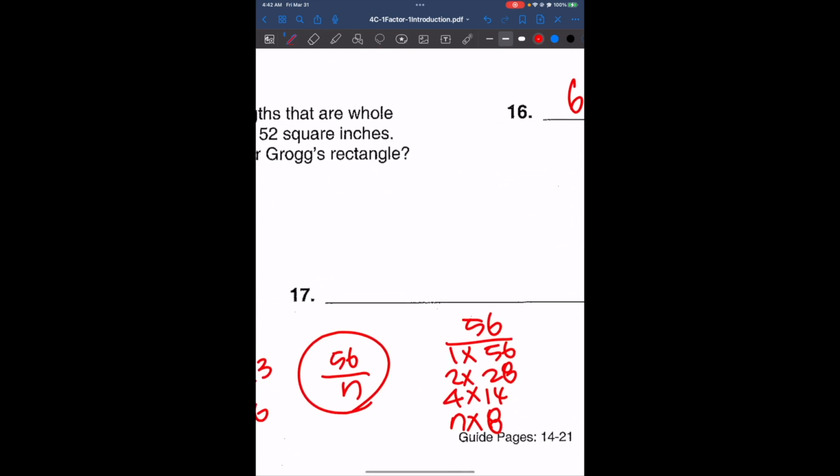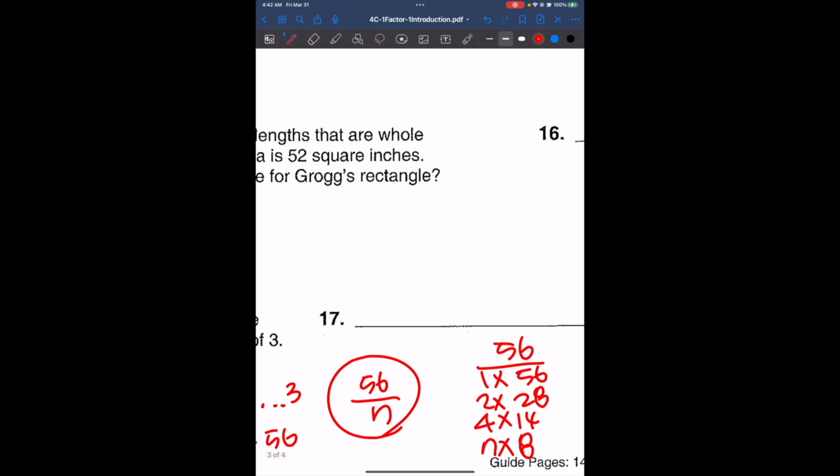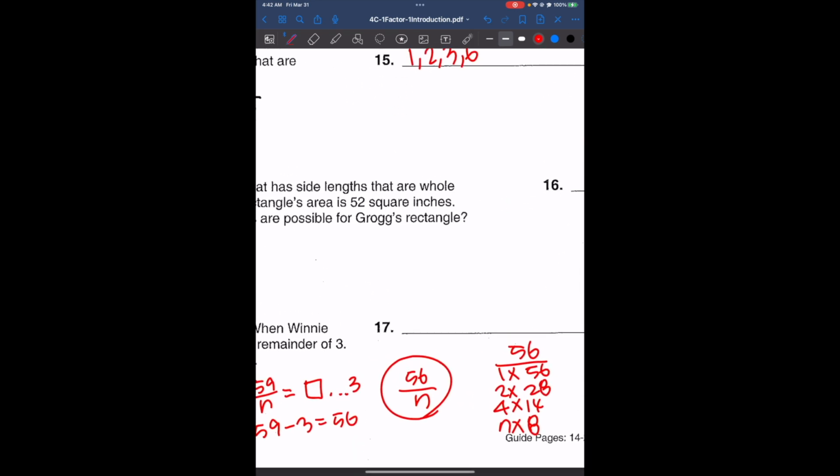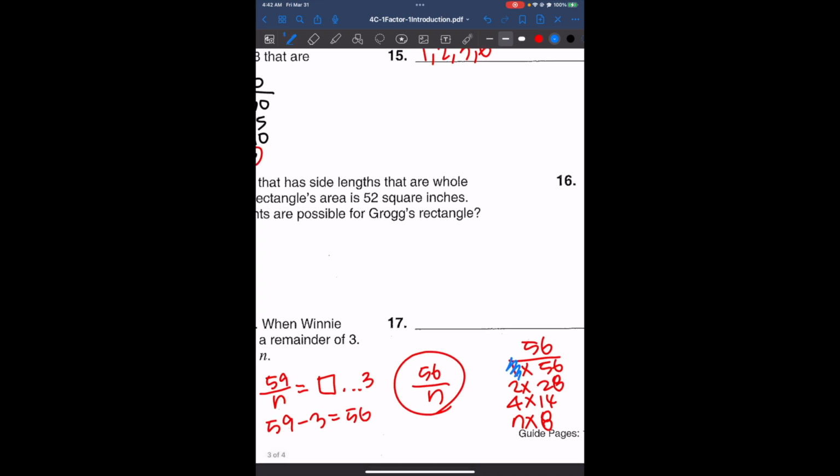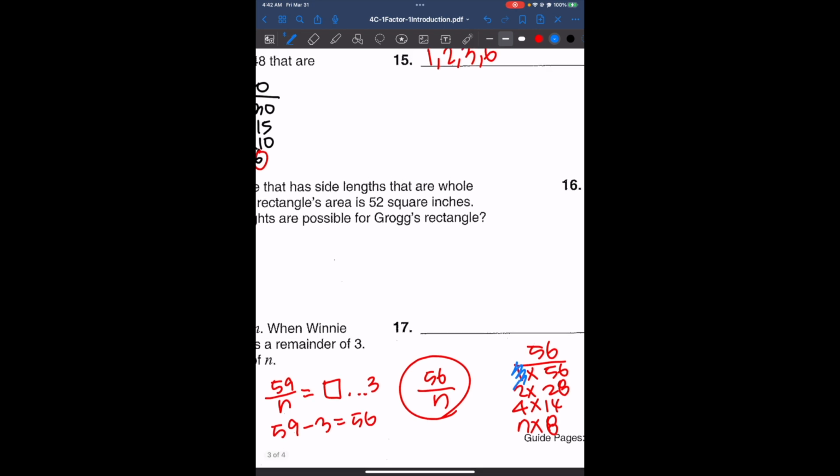But we still need to be careful here because we need to eliminate 1, because 59 can be divided by 1, since 1 is a factor of any number. And then when we divide 59 by 2, it's not giving us a remainder of 3 because it's a special case.